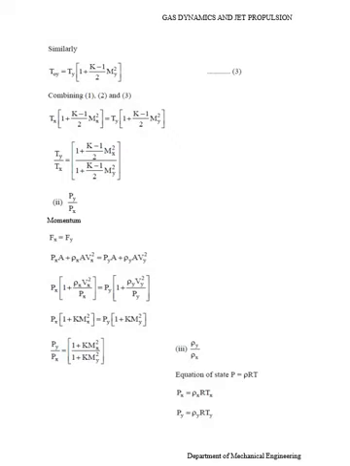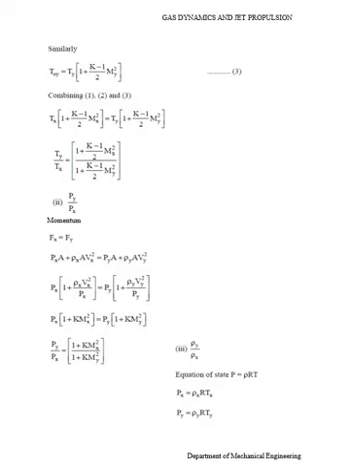Next, the pressure ratio across the shock, Py divided by Px. Using the momentum equation, Py divided by Px equal to 1 plus gamma mx square divided by 1 plus gamma my square.